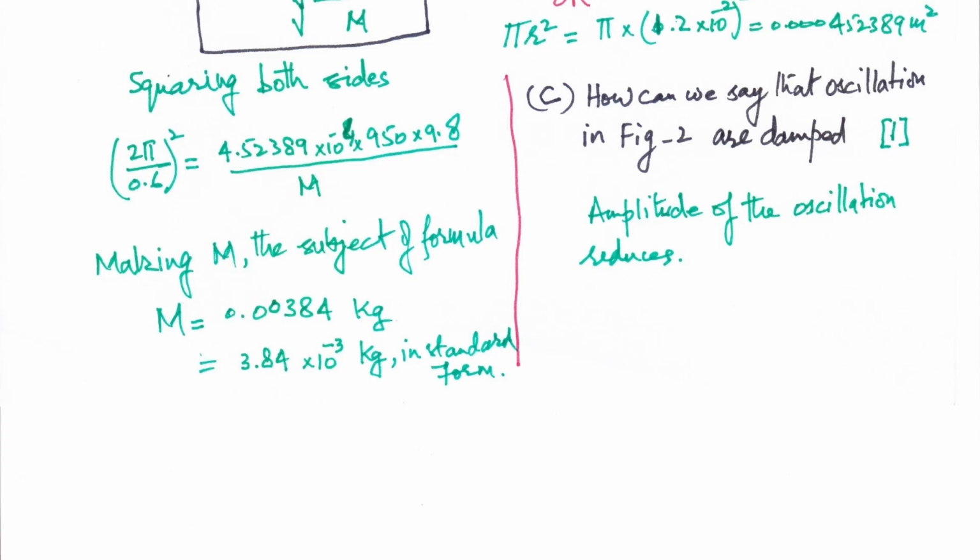Figure 2 is showing that the amplitude is reducing as the time passes, so we can say that the oscillations are damped. And although this is not part of the question, damping occurs because of the friction of the medium in which the body is oscillating. In this question, the medium is the liquid in which the cylinder is oscillating.